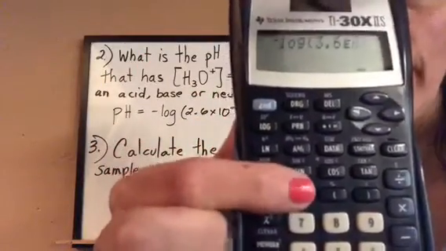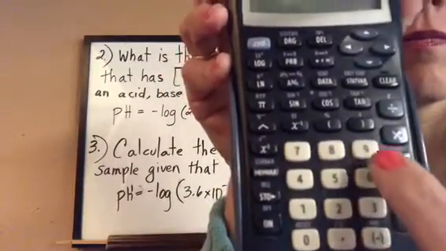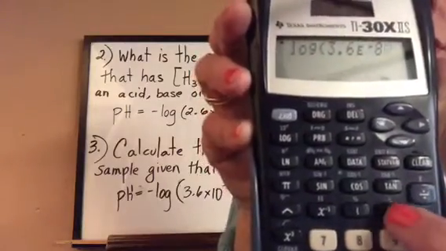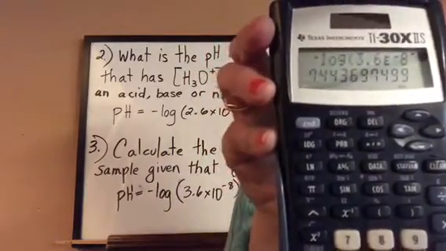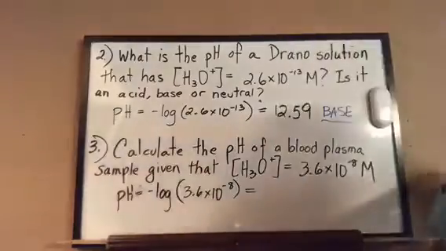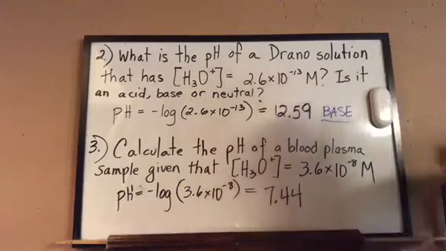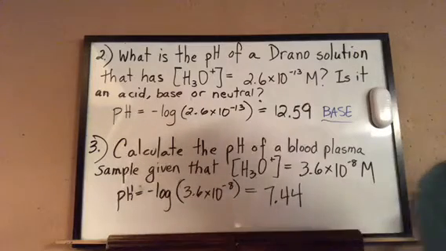I'm going to use the EE function to the negative 8th. Close parenthesis. Equals. Enter. 7.44 non-terminating decimal. All right, pretty close to what the pH is for blood plasma. Your textbook on figure 14.4 has it at 7.4, very close, okay?